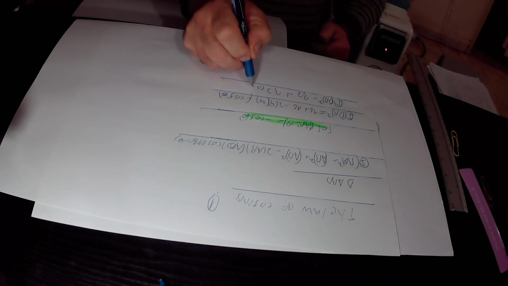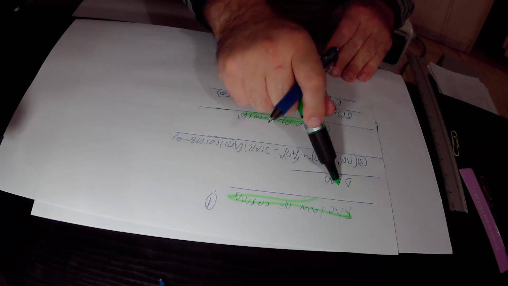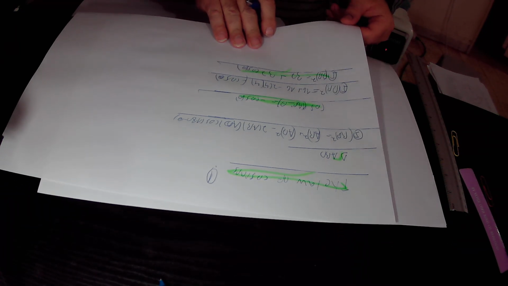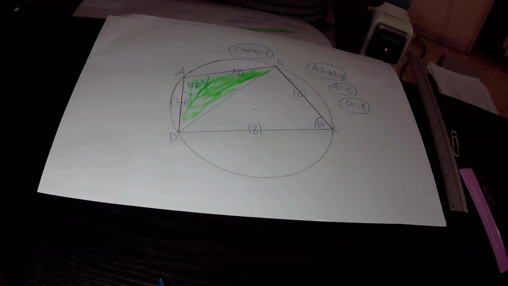So in total, according to equation 1, you found that DB squared equals 32 plus 32 times cosine theta. In the next step, we will implement the law of cosines on this triangle BDC.